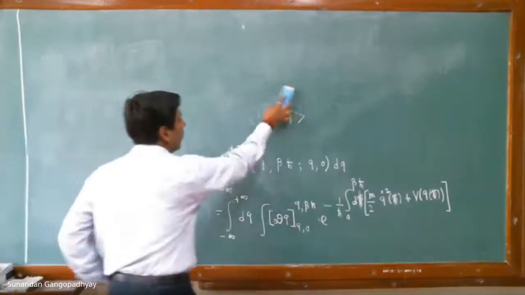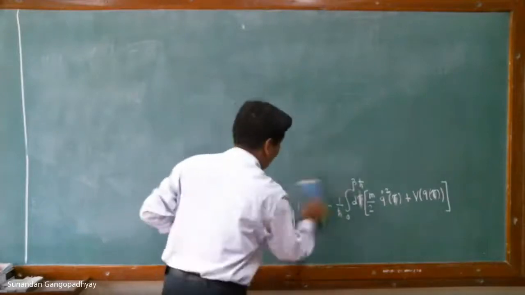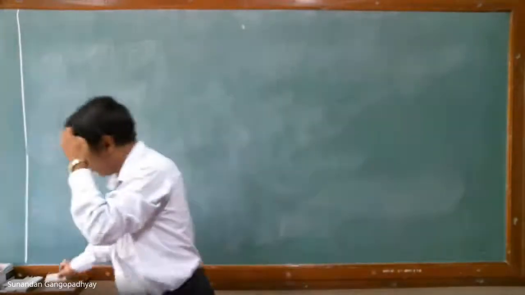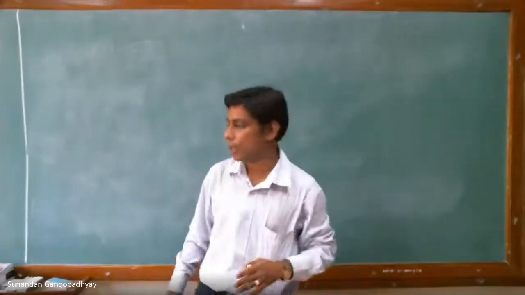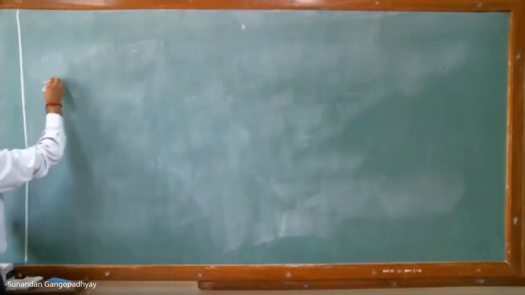So what we shall now do is calculate the partition function in two ways for a quantum harmonic oscillator.